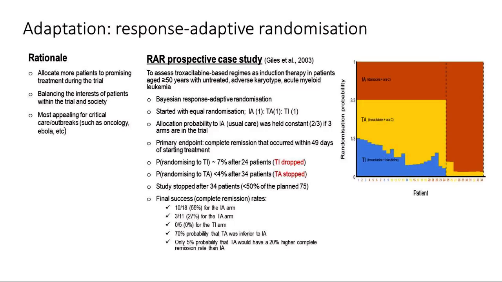And they found that the probability was just like 55% of the patients would have a successful treatment there. And they wanted to work out, given what we observed, what is the chance of the TA being inferior compared to IA? And it was 70%. This is not surprising because we know already 55% of the patients had a good response rate. So it's something that you need to consider, but there are challenges.